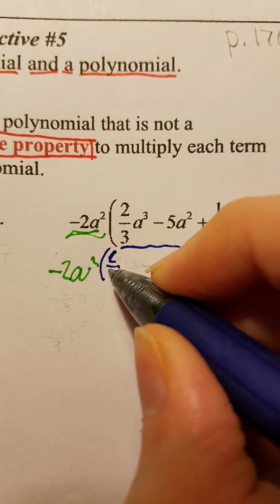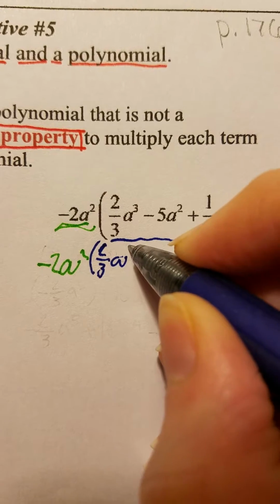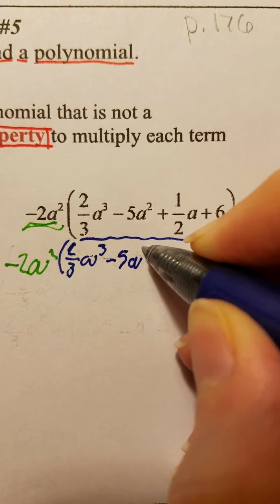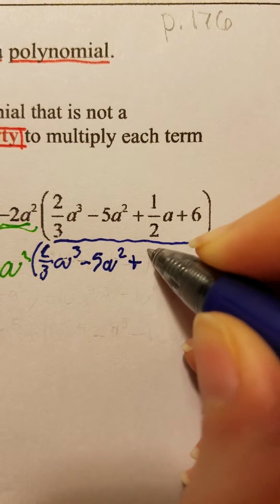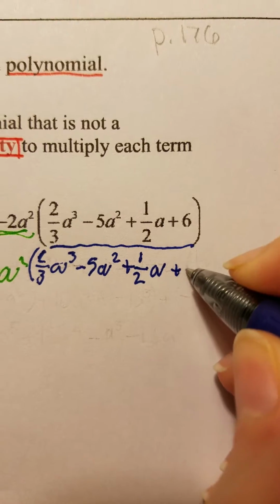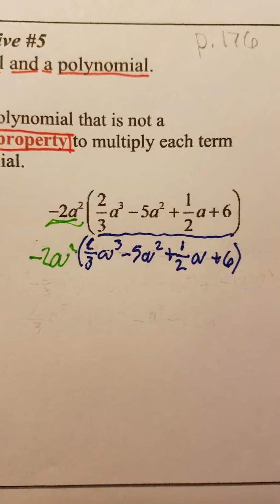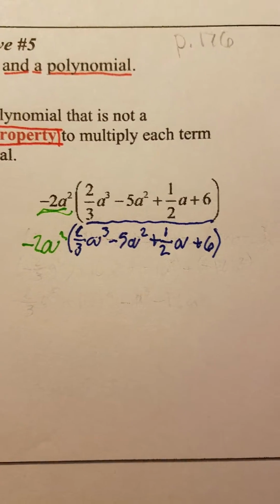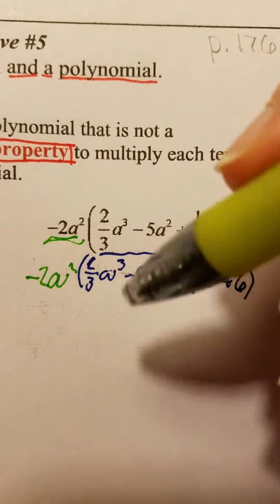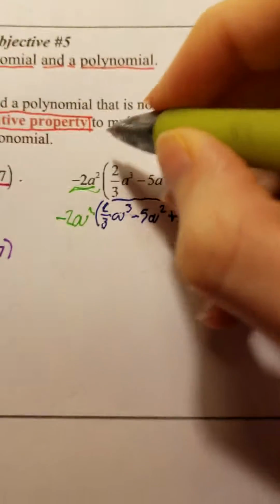2 over 3a to the third minus 5a to the second plus 1 over 2a plus 6. Mouthful, right? So we're going to distribute this negative 2a squared to all of these.